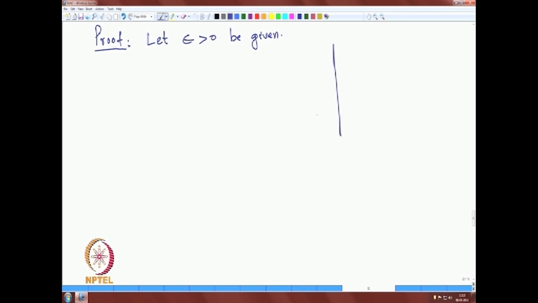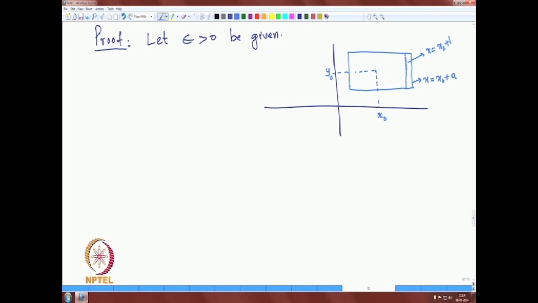Then, this is our xy plane and this is a rectangle, and say this is a point x0, y0, and say this line is x equal to x0 plus a, and if h is smaller than a, this is x equal to x0 plus h.